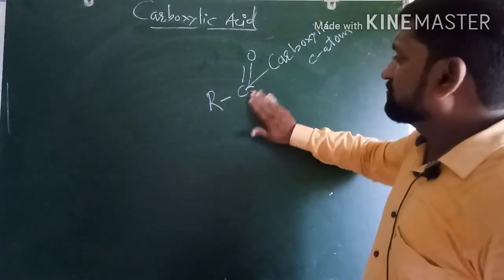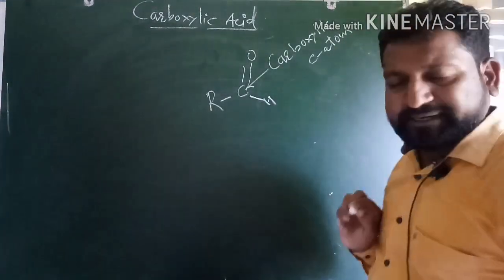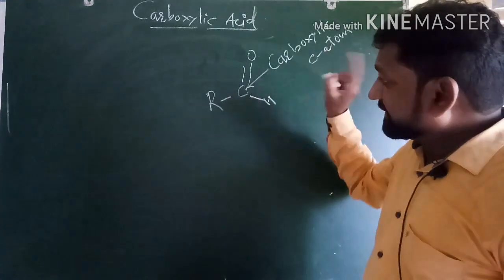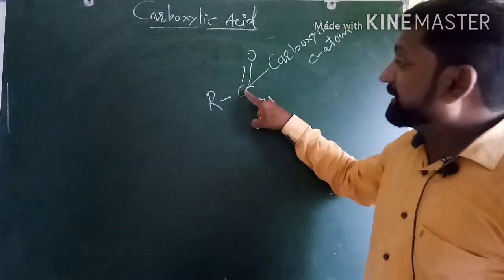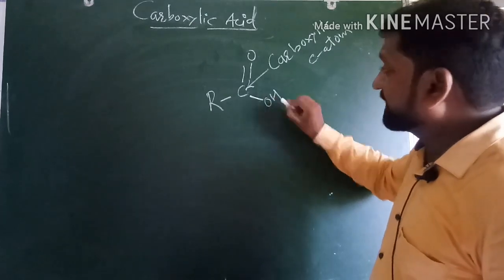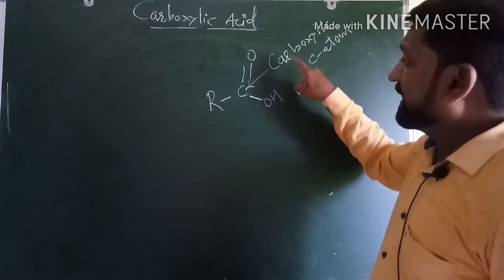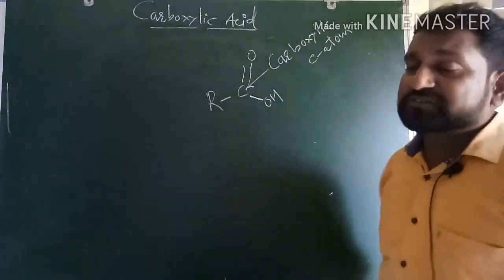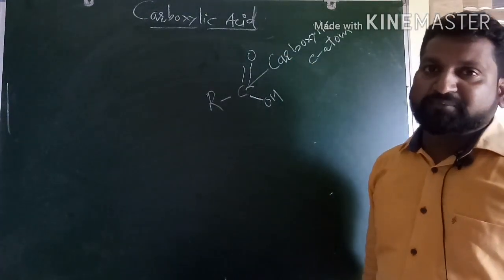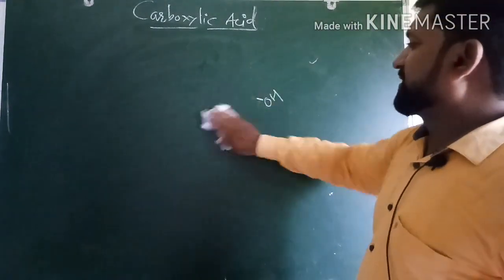If there is a hydrogen instead, it is an aldehyde. In that case, it is the carbonyl carbon atom, and this is the carbonyl oxygen atom. But now we have drawn a carboxylic acid. Therefore, this carbon is called the carboxylic carbon atom, and this oxygen is called the carboxylic oxygen atom. So this thing we have to remember.